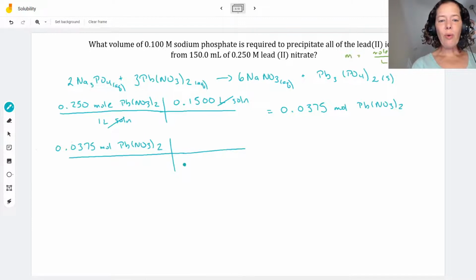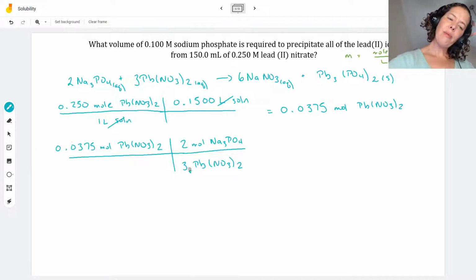To cancel out my moles of lead nitrate, that has a 3. Again, this is just coming from my balanced chemical equation. You can think of this as a 3:2 or a 2:3 ratio. So that is 2 moles of sodium phosphate. I forgot to write my moles in there.